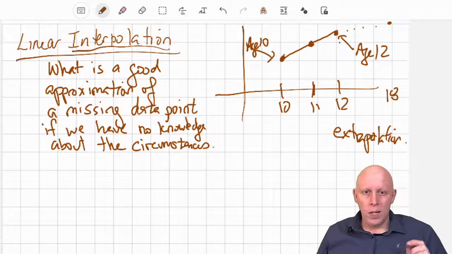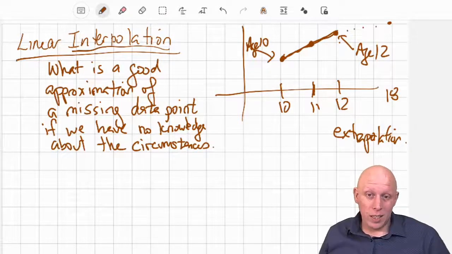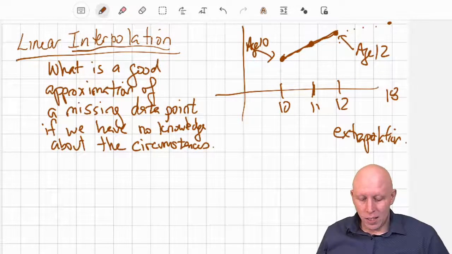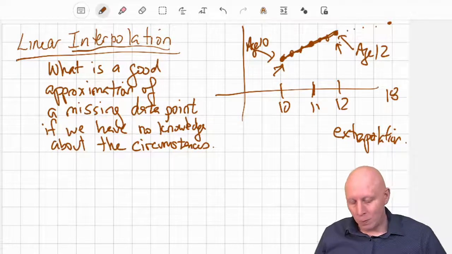What we're saying is we're trying to find a data point in a range, and if you have 2 points, you can use them to figure out what the value is anywhere in between those 2 points.